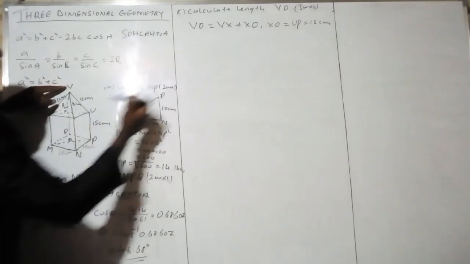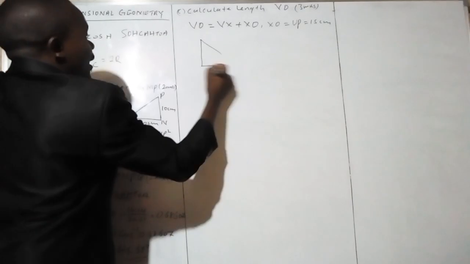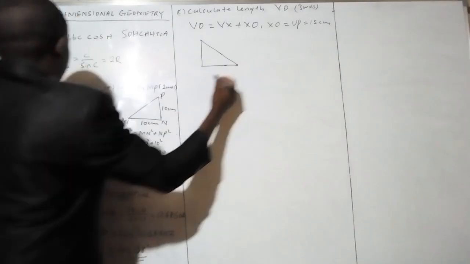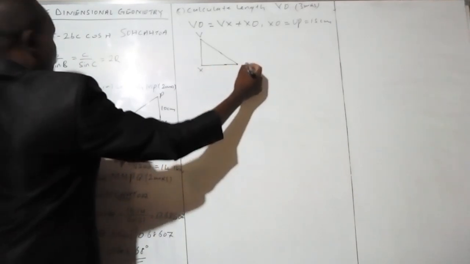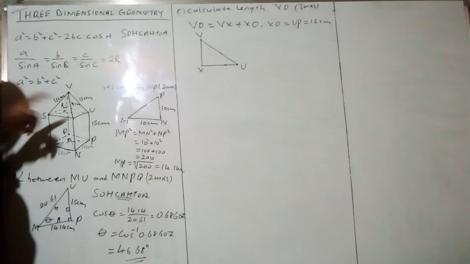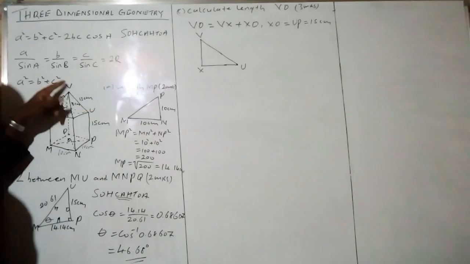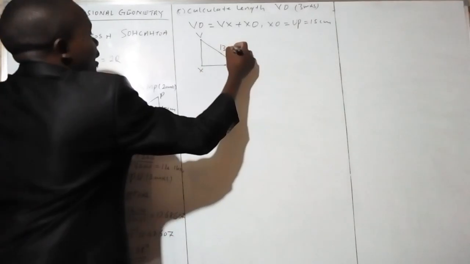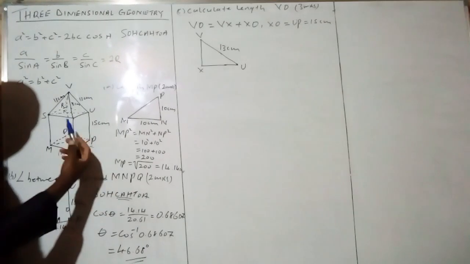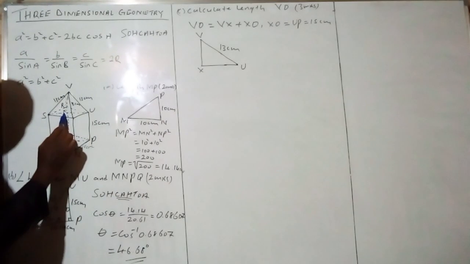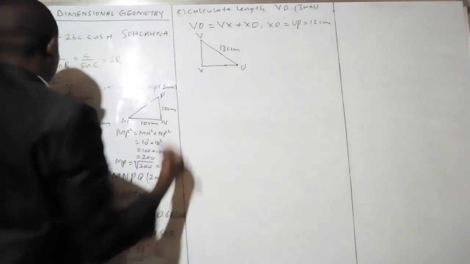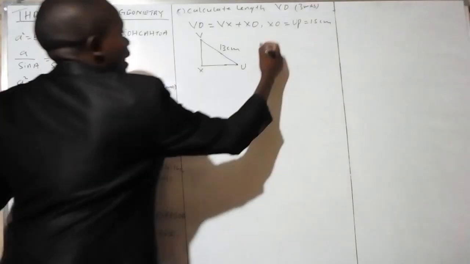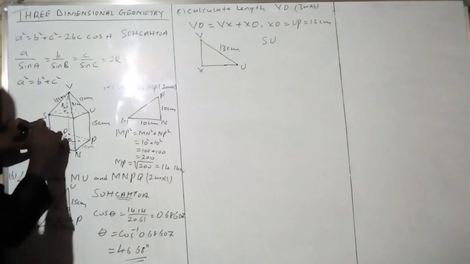We draw a triangle here, VXU. Then we know VU is 13 centimeters. Next, we can get XU. First of all, SU from S to U is the same as MP.